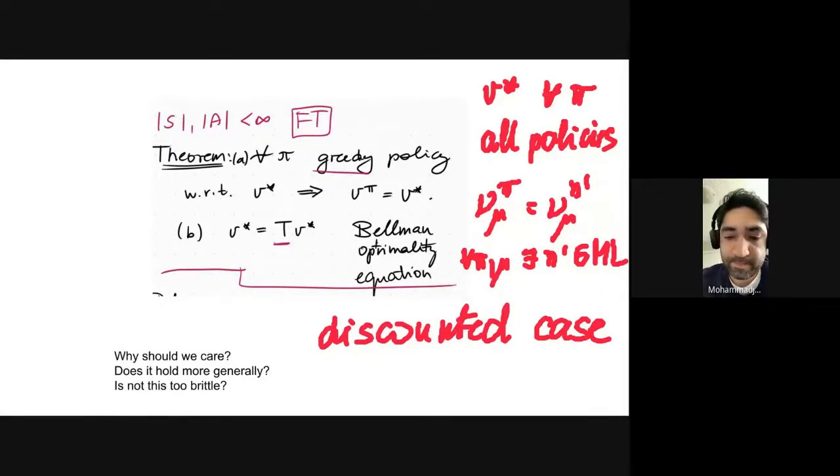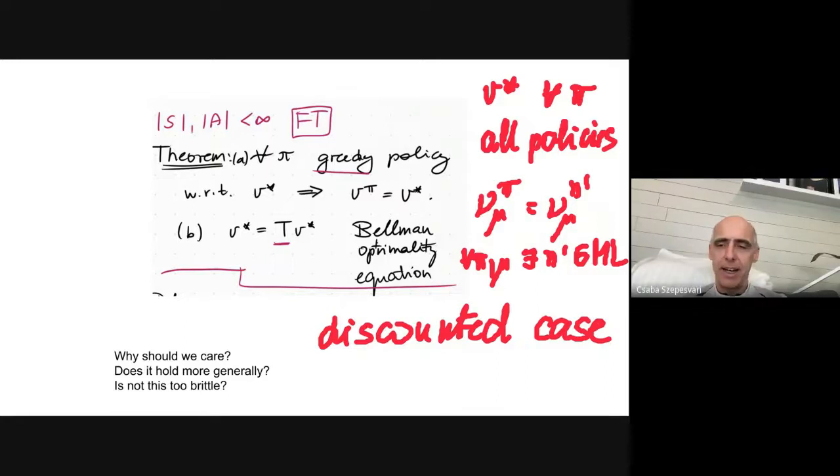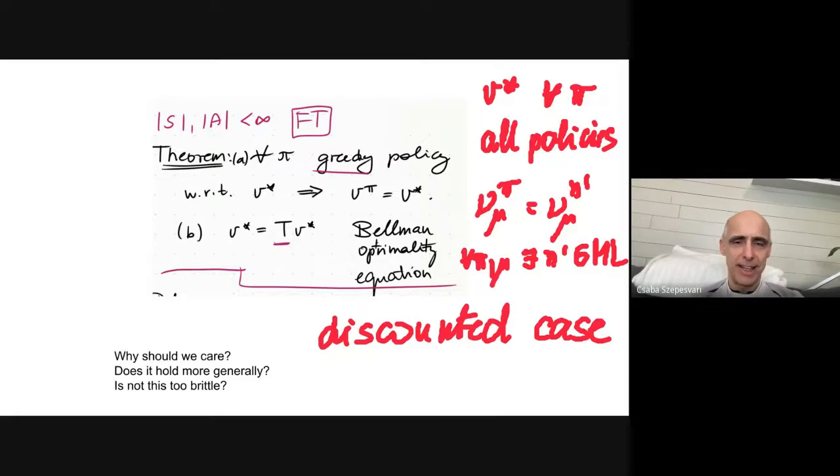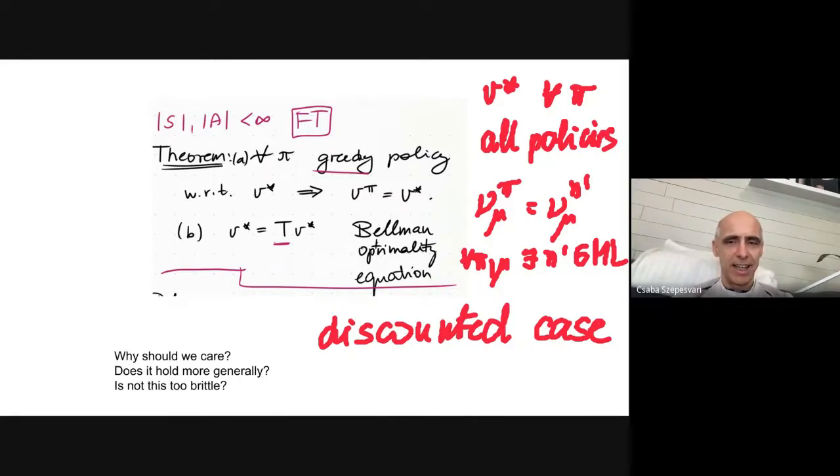Right. By the way, someone actually wrote something about what's the expected reward that you can gain in this game if I'm willing to play with you. Yeah, it's infinity, right?